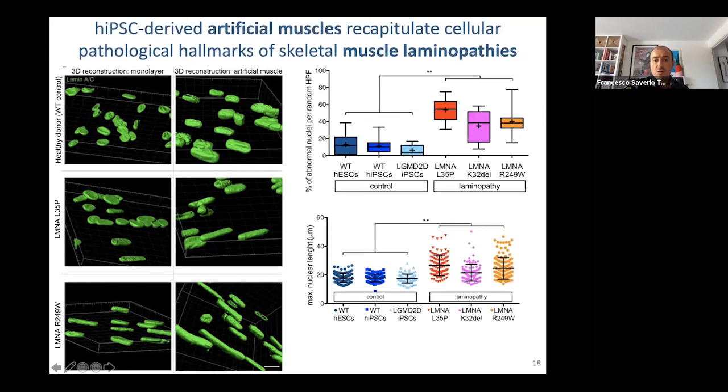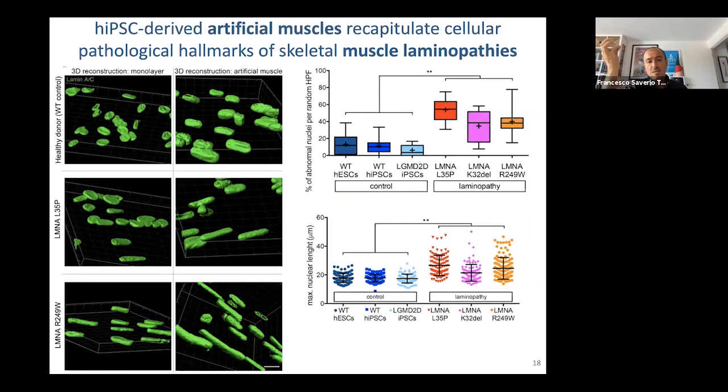And if you try to quantify this, on the top graph, you see just the quantification of the number of nuclear abnormalities. But more interestingly, on the bottom graph, you see the nuclear elongation as a single phenotypic readout that we've been using there, which was relatively poorly described in this group of diseases.